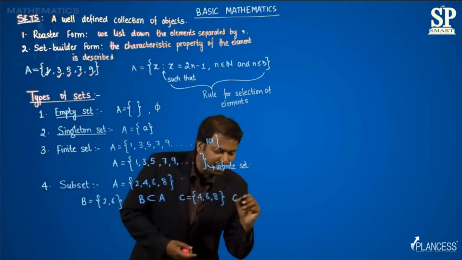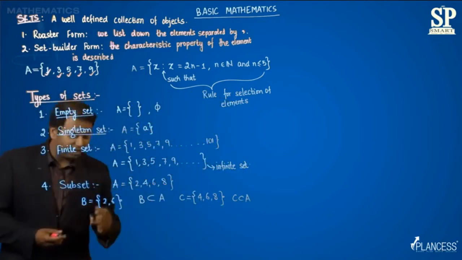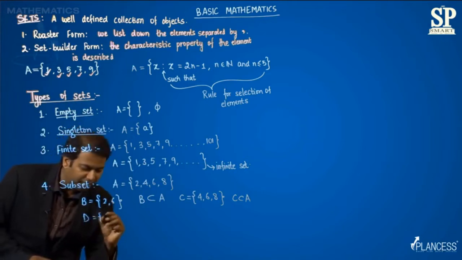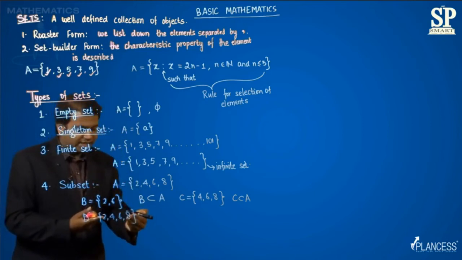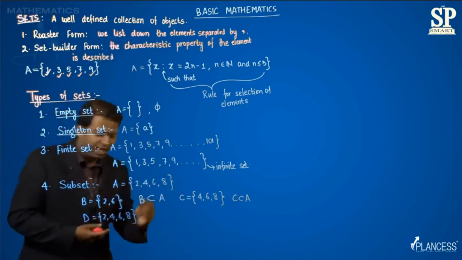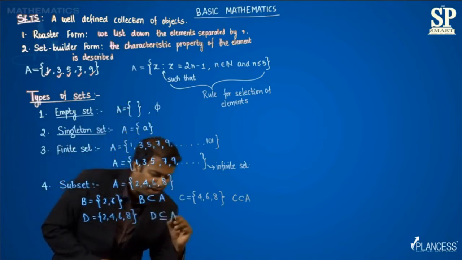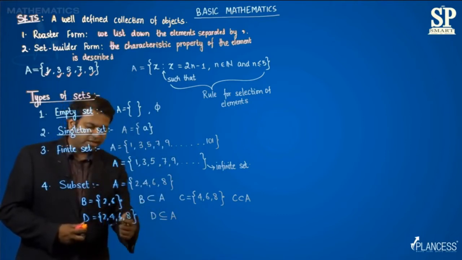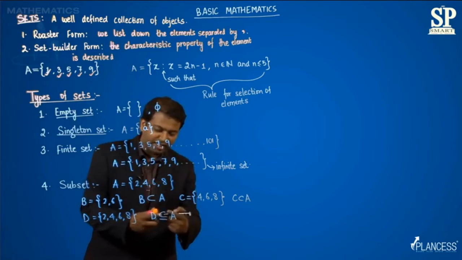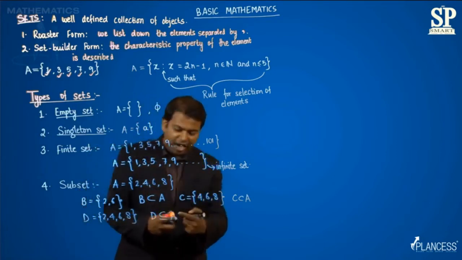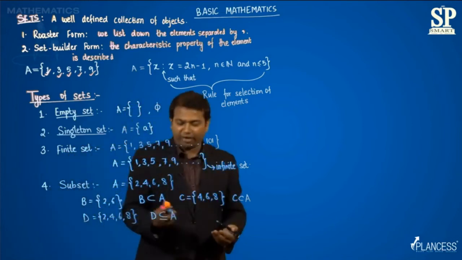So we can write C is also a subset of A. Now if there is a set, let us say D, which has elements 2, 4, 6 and 8, then since all the elements are present in A, in this case we write D ⊂ A in this manner. Now here, since all the elements of D and A are same, this can also be written as D as a subset but with an equal to sign, and then we can also say that D is a subset of A also.